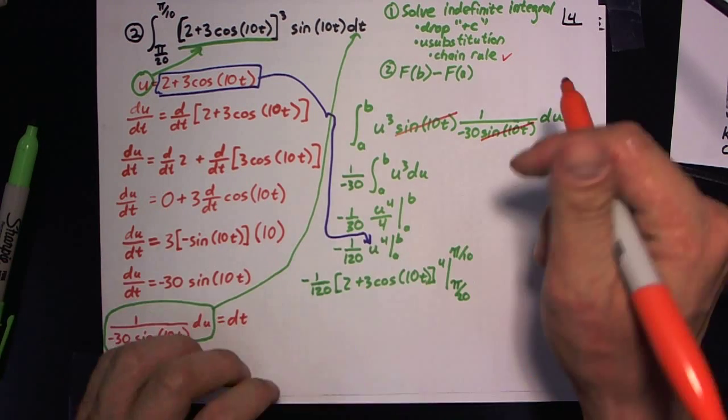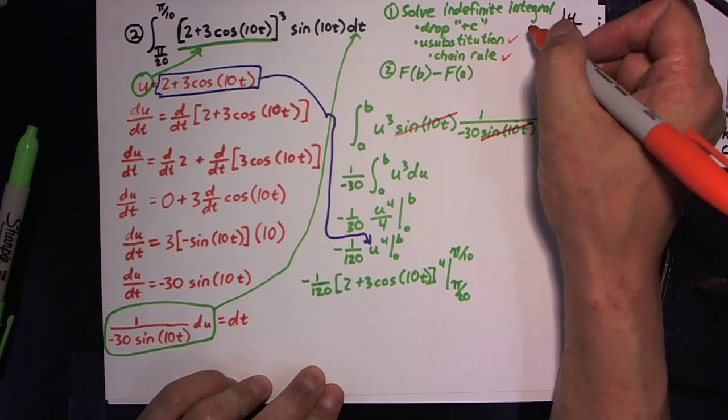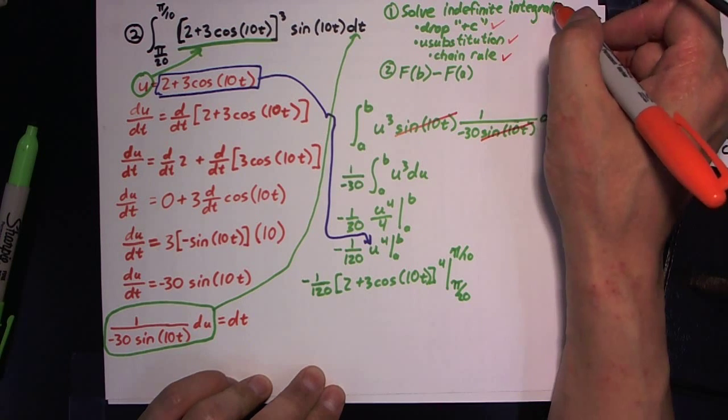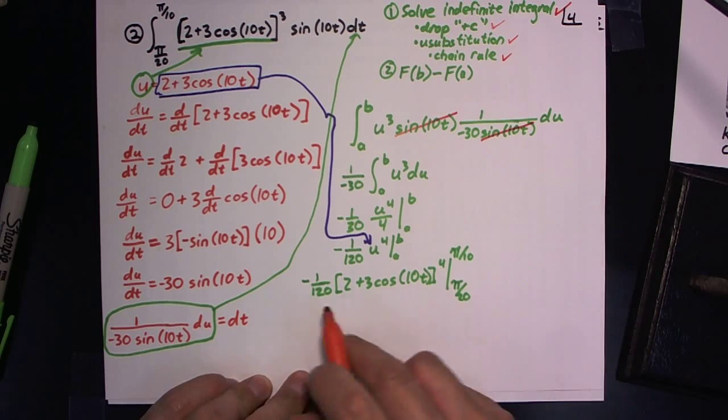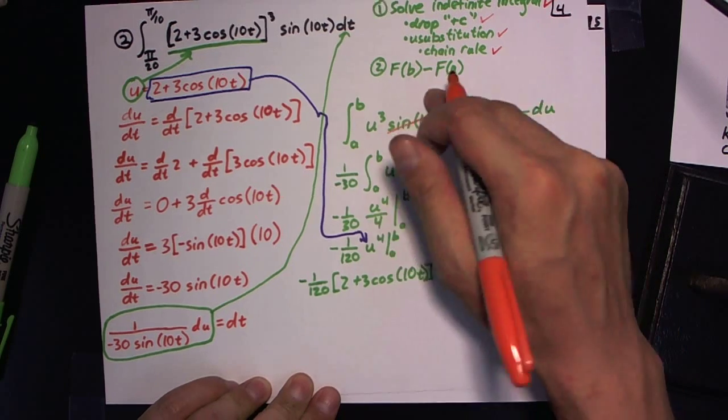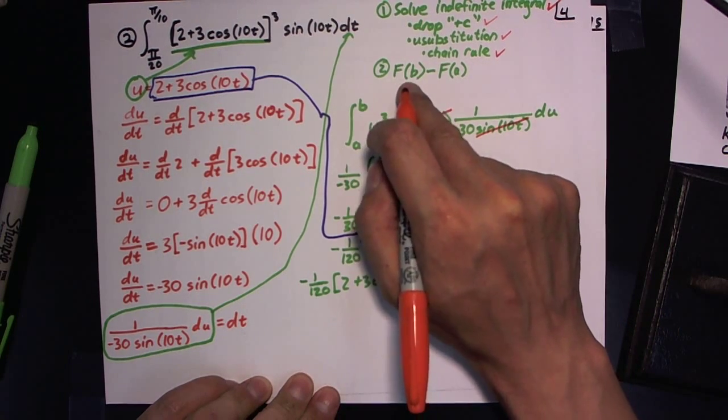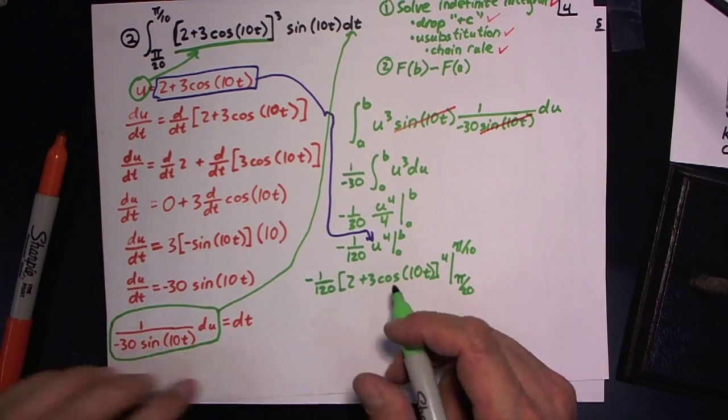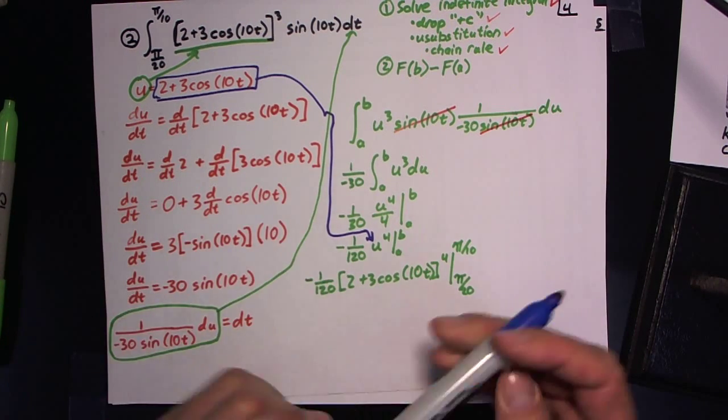So, let's check to see where we are. We've done the u substitution. We dropped the plus c. We are completely done with the indefinite integral because there's no more integration signs. Now all we're left with is this last step here. Alright, let's do this whole step in blue.